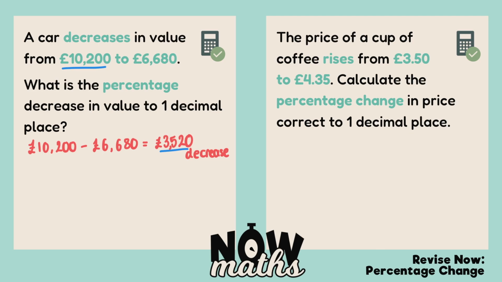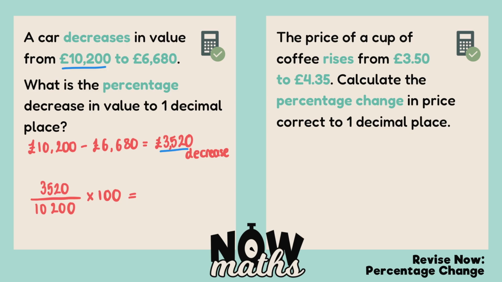So using the formula from the previous screen, we have 3,520, which is the difference, over the original price, which was £10,200. And since we have a calculator, rather than converting this to a percentage manually, we multiply the fraction by 100, and we can type this into our calculator all in one go to work out the percentage change.